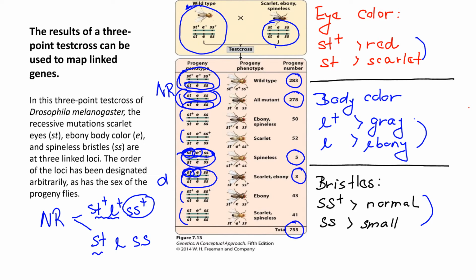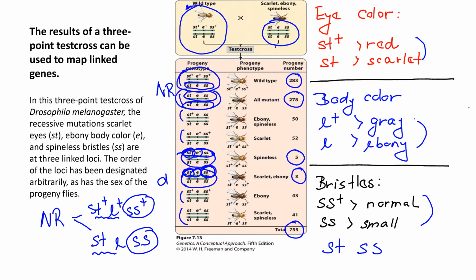However, you have wild type SS. So again, SS is different. What does it tell you? That SS is in the middle. So SS, which defines the bristles, is in the middle. So the position of the genes is ST, SS, and E.